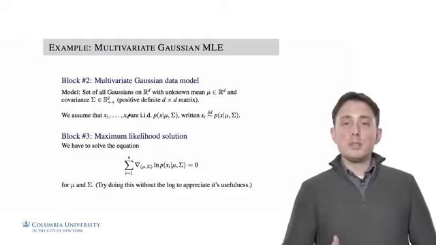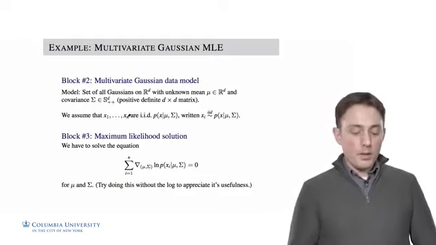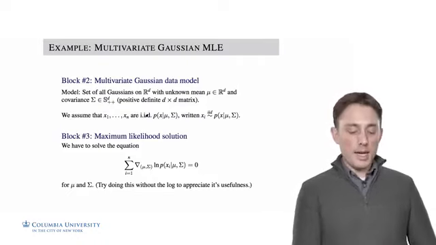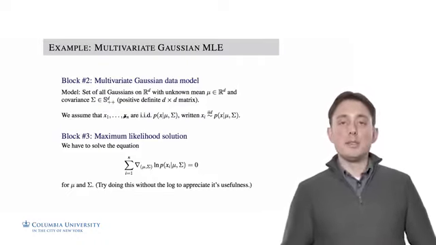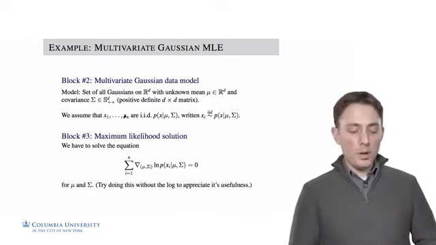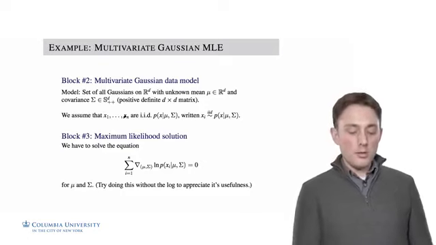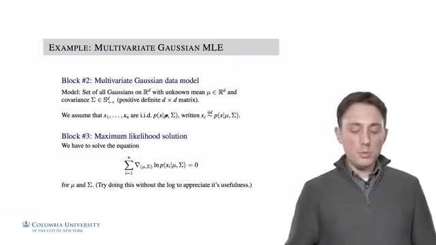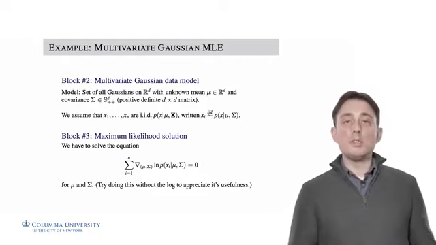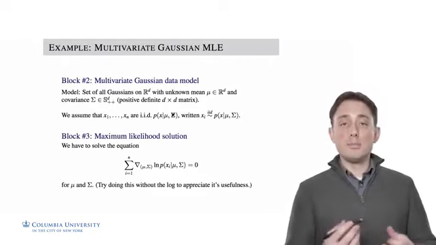Each of these data points is in R^D. We are going to assume that they're i.i.d. from a multivariate Gaussian, meaning that each of these data points is an independent experiment, an independent trial, where we get a random vector from a multivariate Gaussian with a mean mu, which is a vector in R^D, and covariance sigma, which is a d by d matrix that's positive definite.